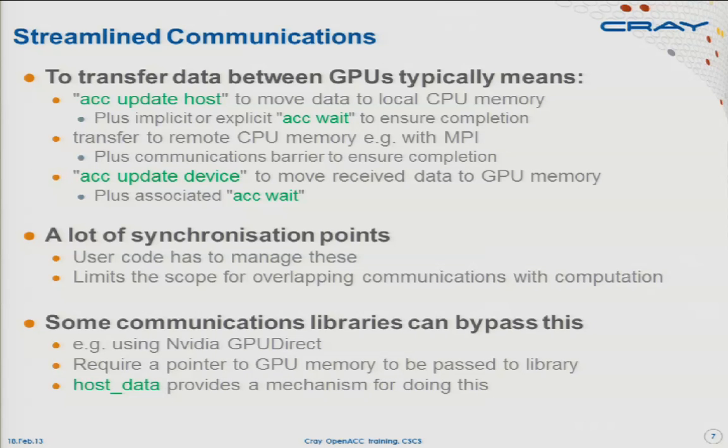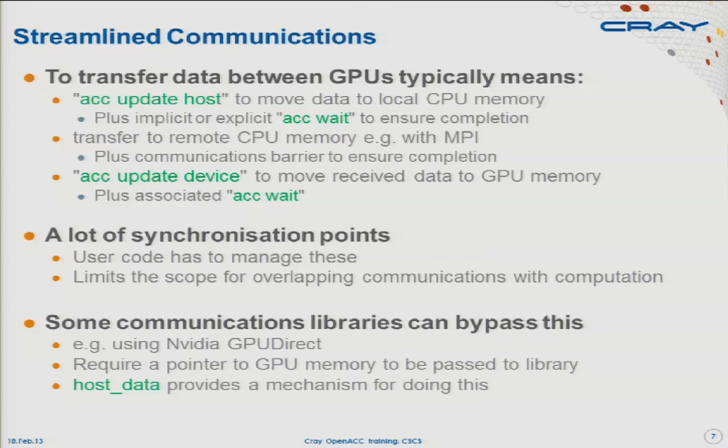I've talked already about streamlined communications. If you want to get the data to move directly from the GPU to another GPU using MPI, what you do is you put the MPI calls and you want to pass in a device, a GPU memory pointer as the send buffer rather than a CPU memory pointer. So basically the code looks exactly the same as it did on the CPU, except you put the host data region around the MPI call so that the buffer A will now be an address in GPU memory.